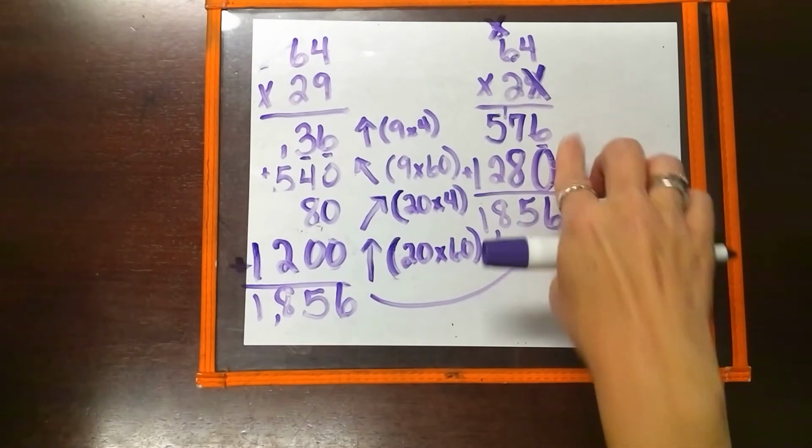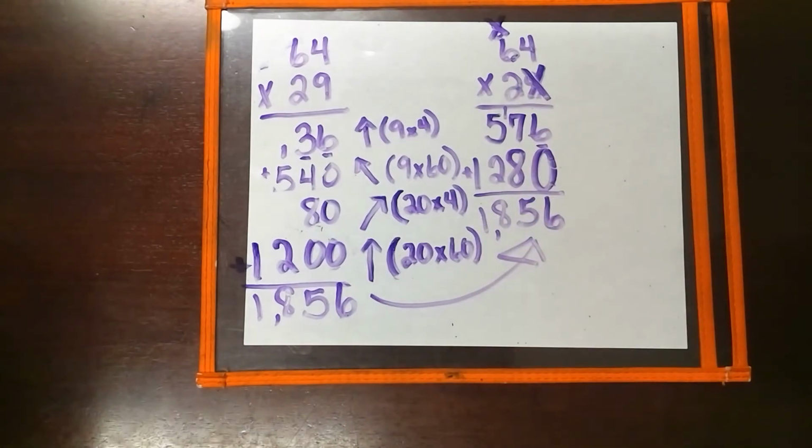Okay, so we have about, I think we do, let me look here, we do 2 days or 3 days talking about partial products, and then we do 3 days of talking about the standard algorithm. Remember, when I'm doing partial products, I'm also doing area model.